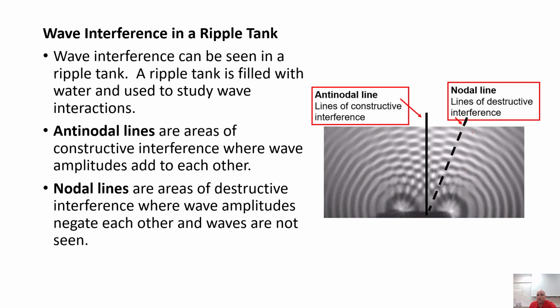So the nodes where there's no wave, the destruction is going on. And then you have areas, so like for example, you can see it right here where you have the maximum right in the middle. So you have these nodes right there, and you have this antinode in the middle. The antinode right there, the maximum, that's going to be where there's constructive interference going on. So nodes, think of nothing.